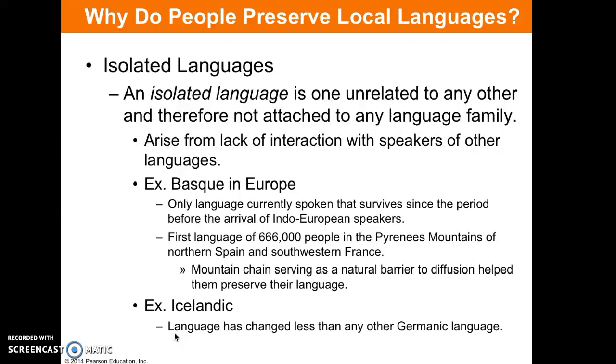Another example of an isolated language might be Icelandic. So Icelandic is part of the Germanic language branch of the Indo-European language family. So it's related to other languages, but it's like the purest form of the Germanic language. So it's changed the least. It's been influenced the least by trade routes and migration, because Iceland is the furthest away from the rest of Europe.